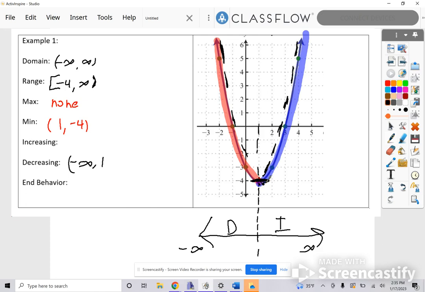But at the very bottom there, it's flat. It's not going up, it's not going down. So similar to how these zeros were bad areas, this is also going to be one of those areas where nothing's really happening. So it's going to be parentheses. And then from 1 to infinity, I'm increasing. And for all the same reason, I'm going to use parentheses.